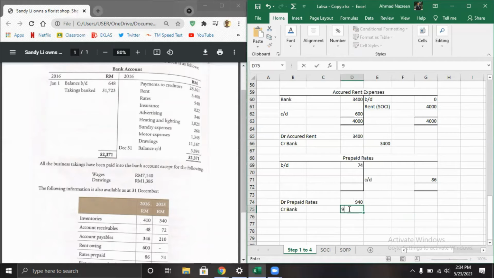The bank we shall put on the debit side, totaling 940. Okay, so we sum up the debit side. We will get 1,014. So from here, we can determine the rates. From 1,014 minus 86 ringgit, we get the rates totaling 928 ringgit.